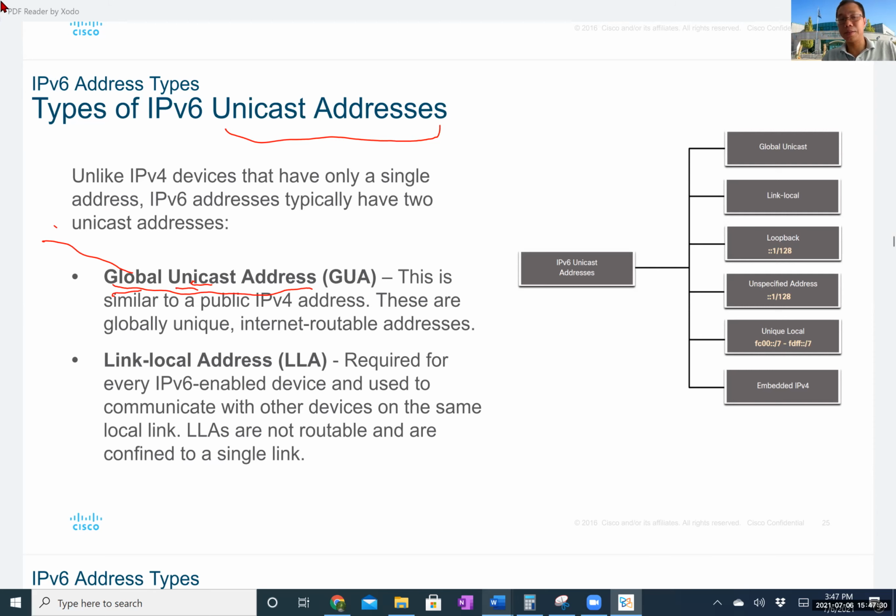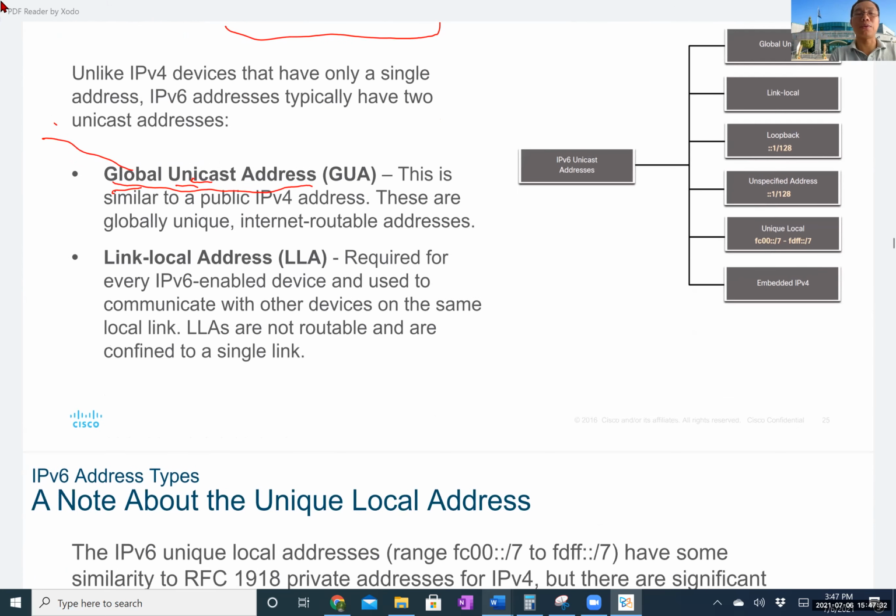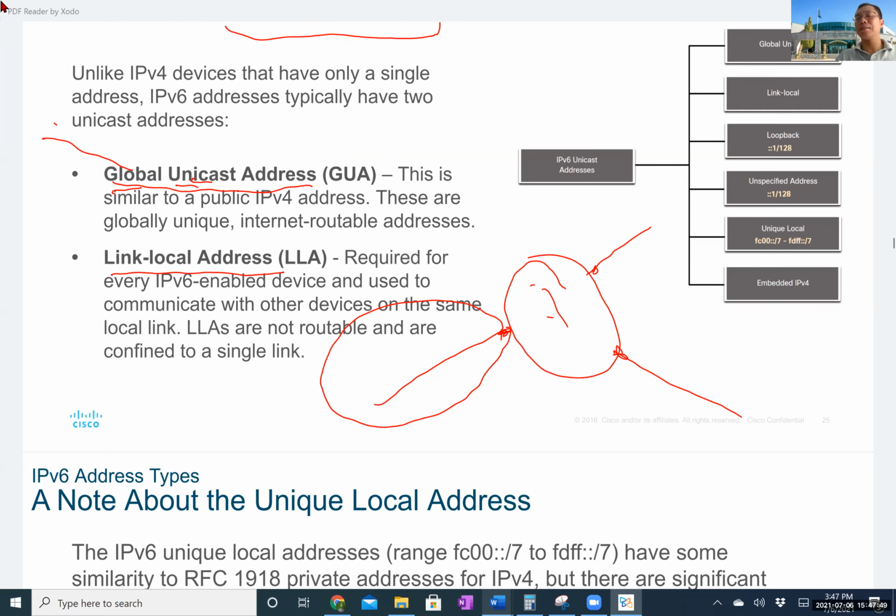The second one is the link local address. That means every router on the network, each interface is one network here, right? So think about you have a router and you have two interfaces here. For the link local address, you only need it to be unique inside the network only. So sometimes you see FE80::1 on one side and FE80::1 on the other.